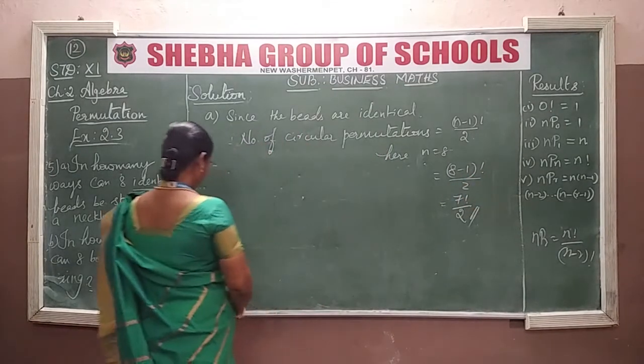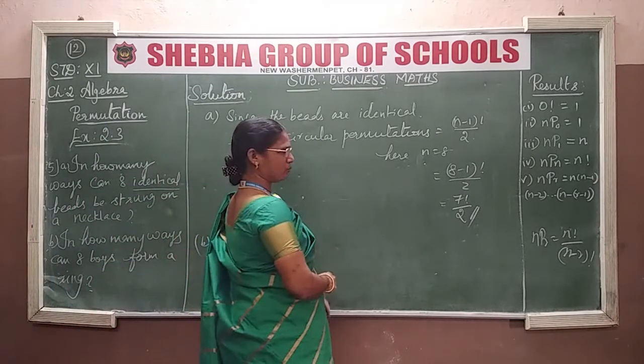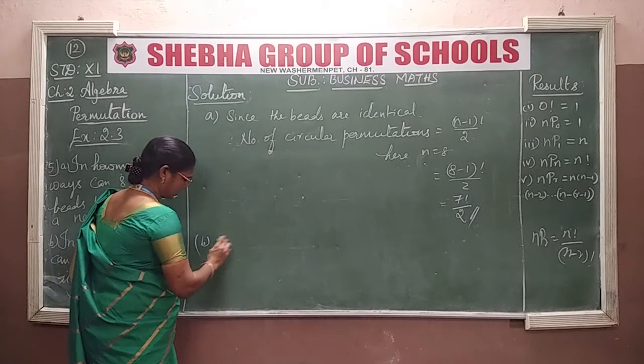The next one, what is B? In how many ways can 8 boys form a ring? And we know very well boys are not identical.